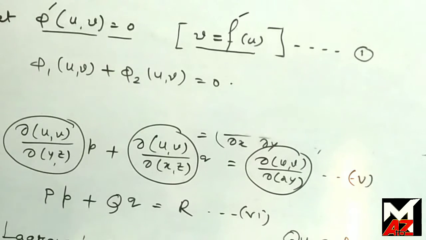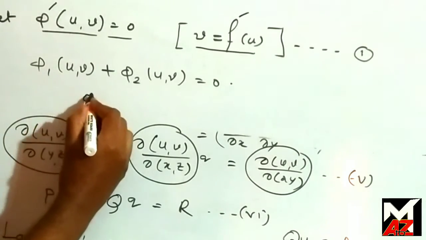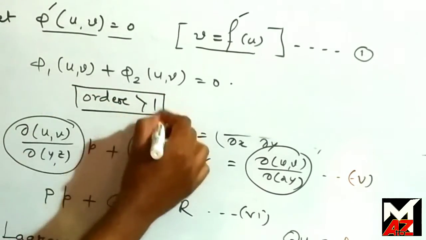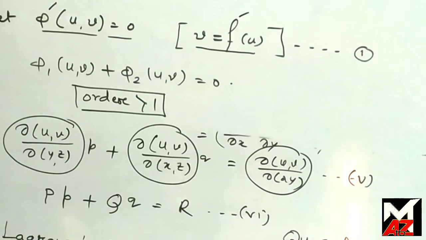But this partial differential equation must be of order greater than 1. Okay, now we consider one example to explain the method.